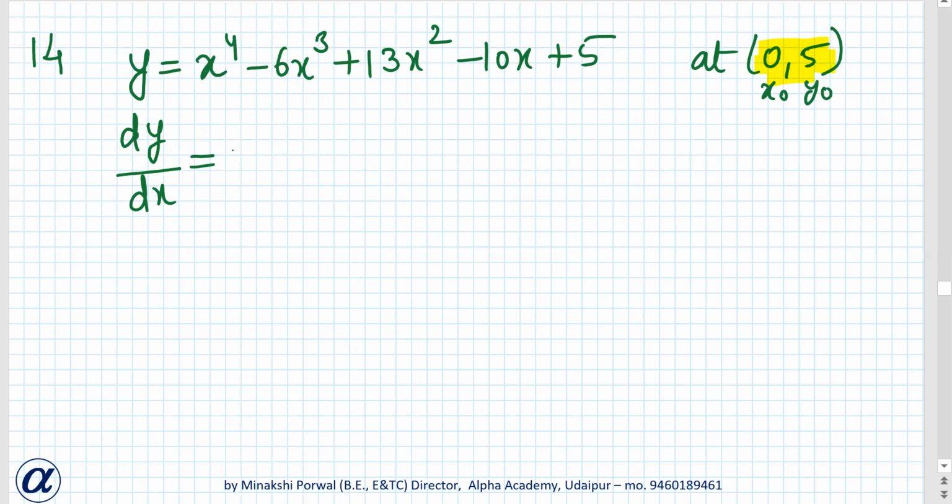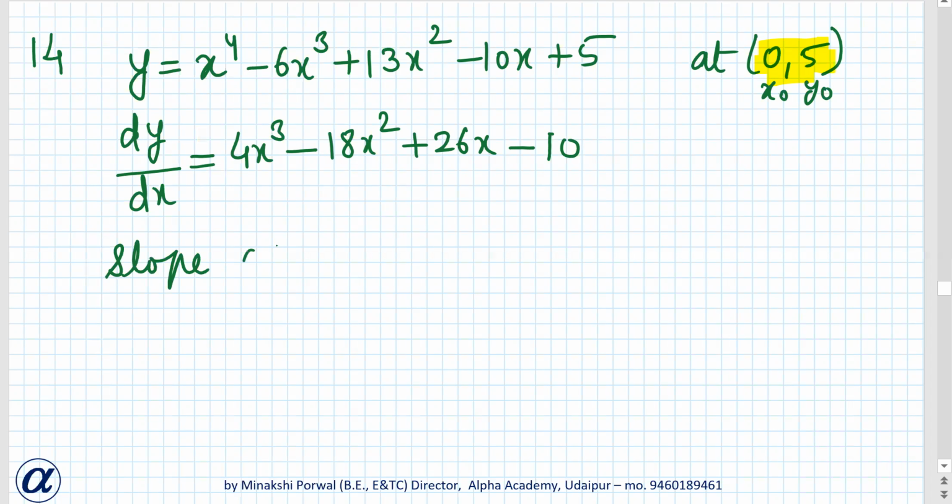So dy by dx is 4x cube minus 18x square plus 26x minus 10. Now the slope at (0, 5): there is no term of y, only x is there. So dy by dx is minus 10 at this point.